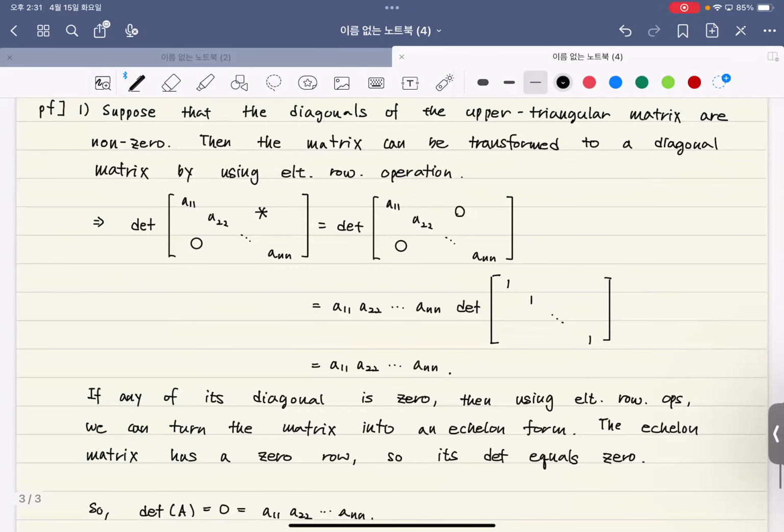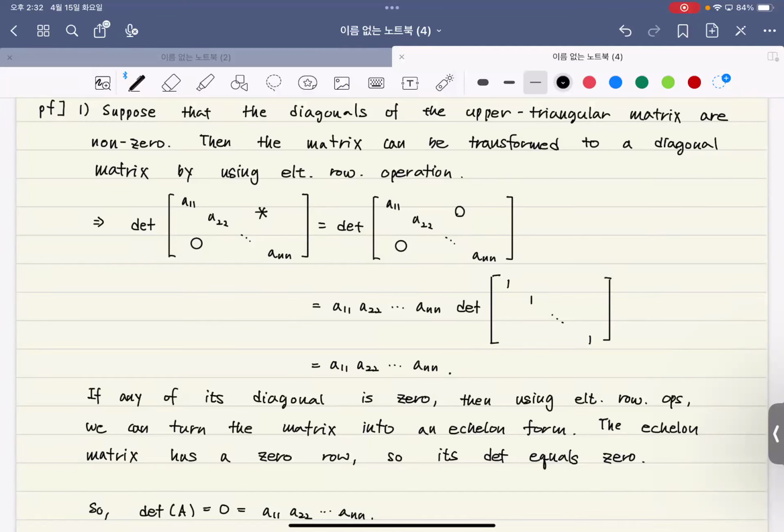So, before I try to prove statement number 2, this proof gives us the idea of how to compute the determinant of any square matrix. Well, just try to convert your n by n square matrix into an upper triangular matrix by using Gaussian elimination.